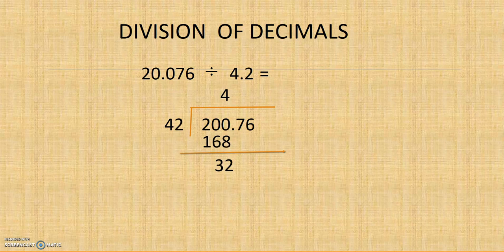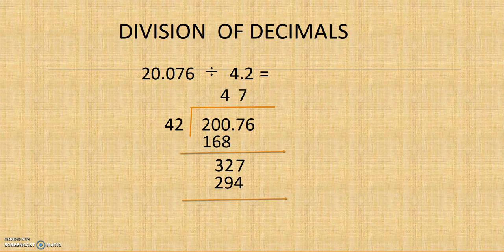Since 32 divided by 42 cannot be, let's bring down the other digit, which is 7. So 327 divided by 42 is equal to 7. 7 times 42 is 294. Then again, let's subtract.